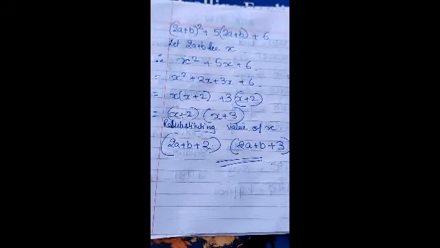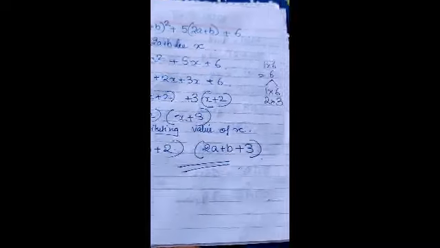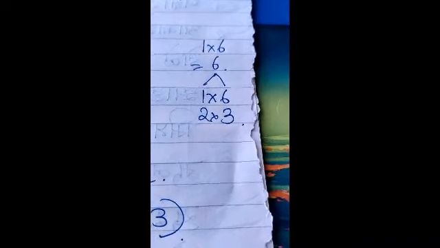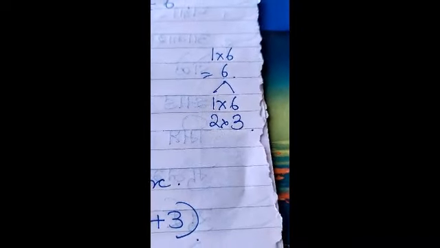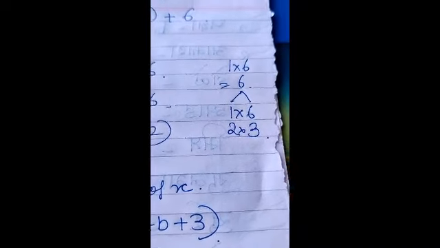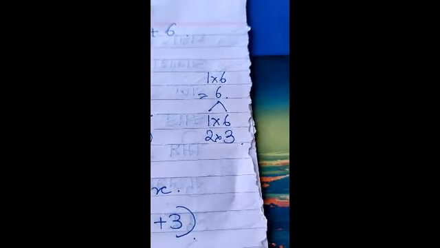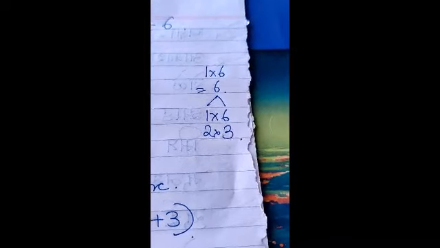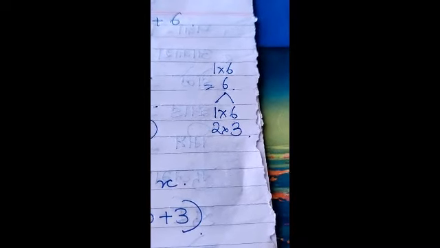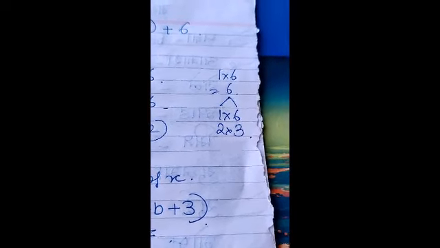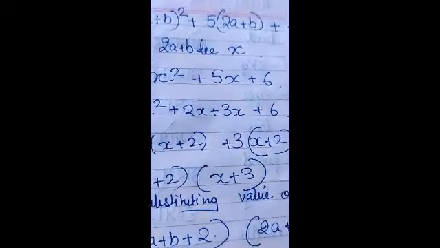Now we know first and last term is 1 and 6. So we have 1 into 6. Our factors will be 1 into 6 or 2 into 3. So 1 into 6 can also give us 5, and 2 into 3 can also give us 5. Here we have used the 2 and 3 pair for 5x.